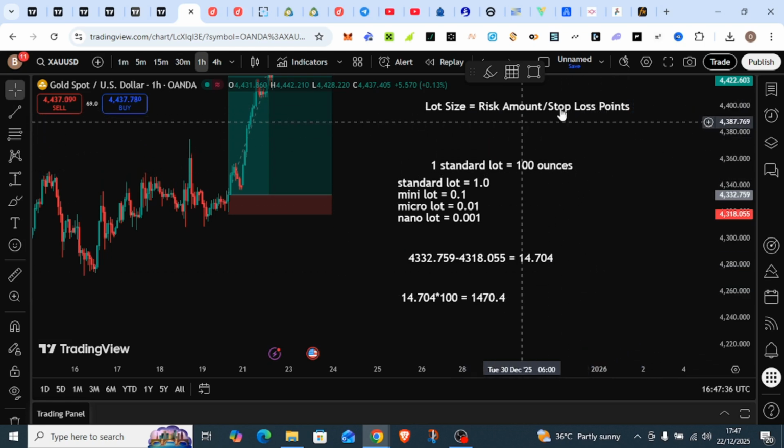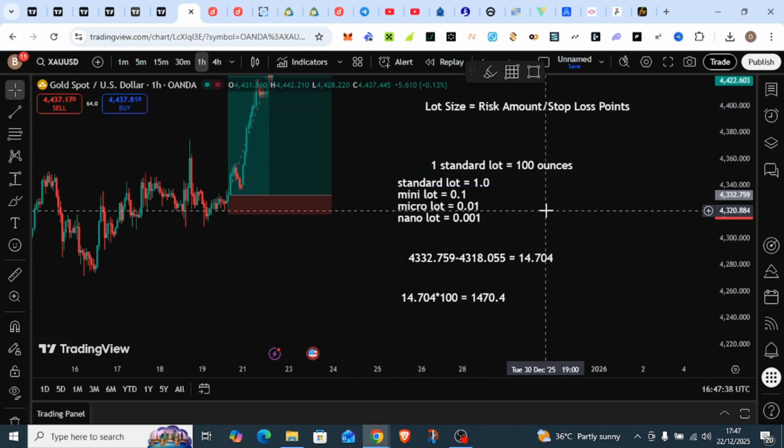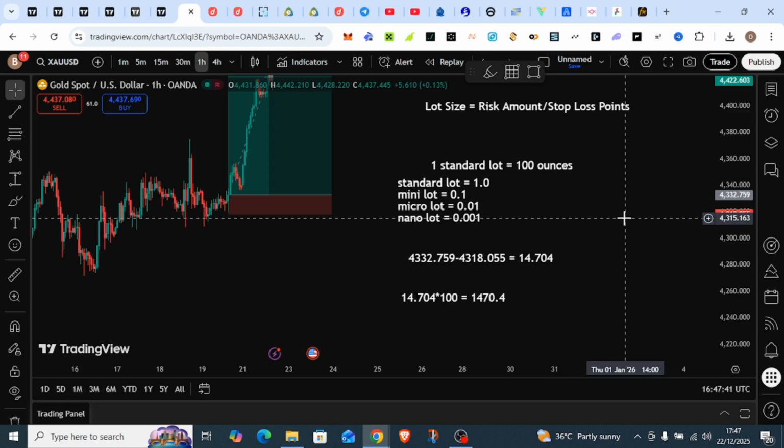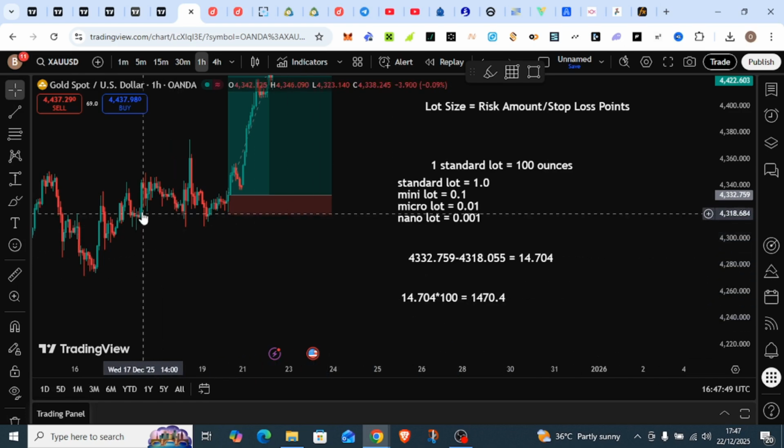So this is what we use in this formula here. So suppose we have a trading account of $1,000 and we are risking 2%, which is $20.